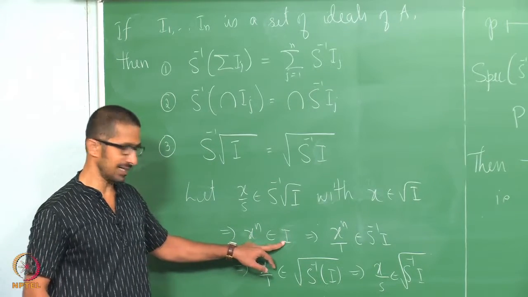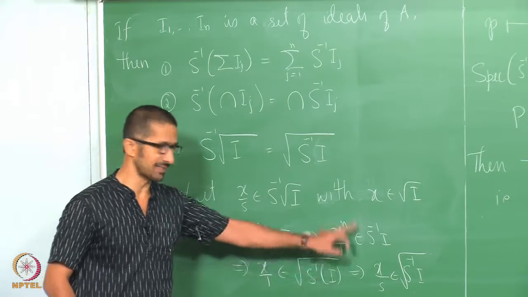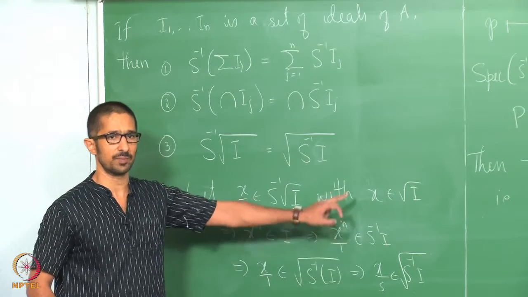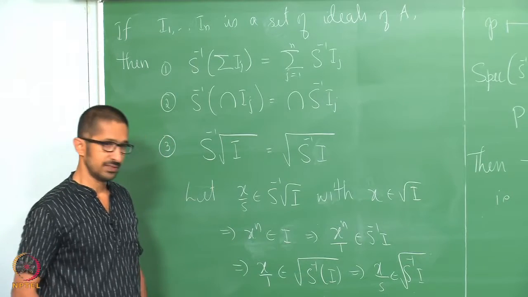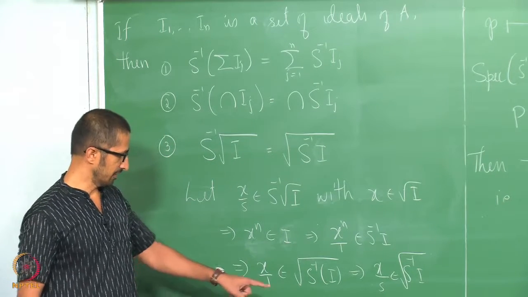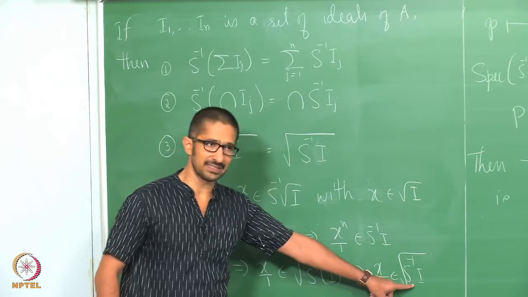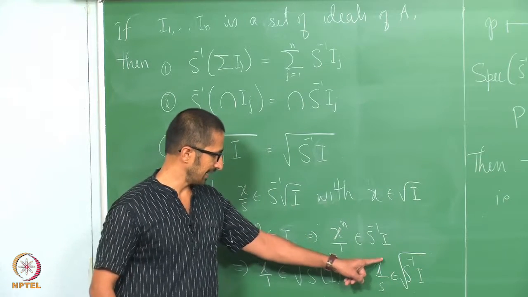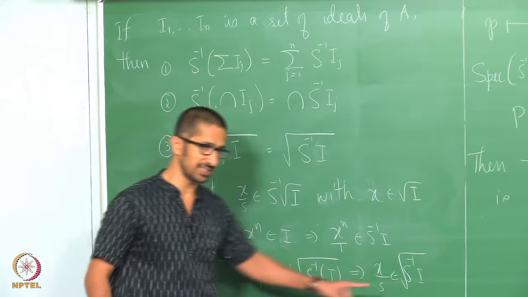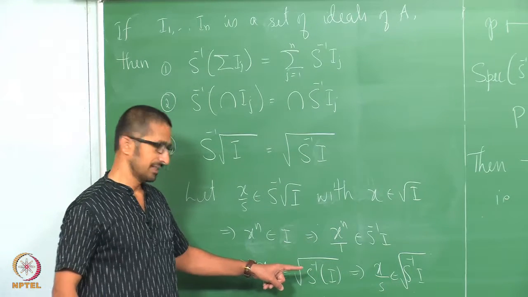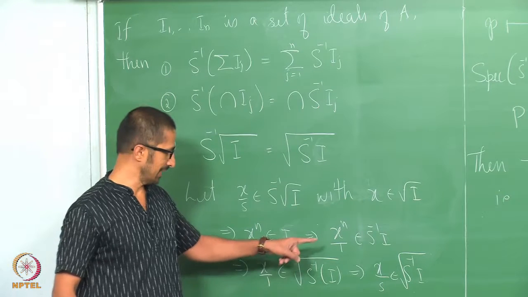x power n is in I, I can write this as x by 1 whole power n. Conversely, if x by s is here, that means x power n by s power n is in S inverse I, right.